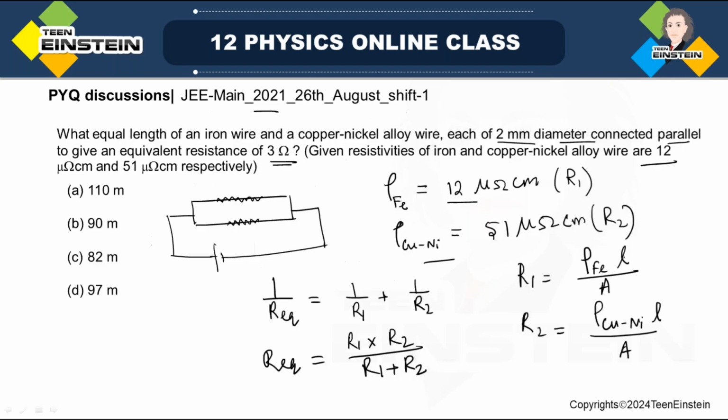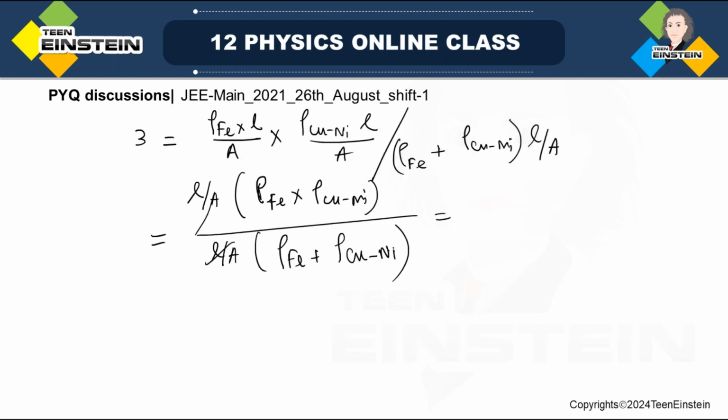Let me put the values of these two. So this is a micro ohm centimeter. So 12 micro ohm centimeter, that means 10 to the power minus 8. I'm writing in ohm meter now. This is 51 into the same power. So I'll write 10 to the power minus 16 maybe.